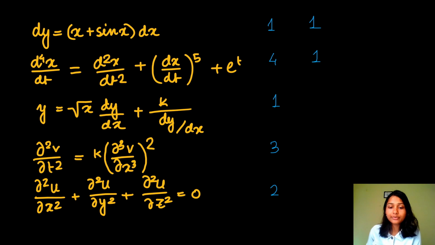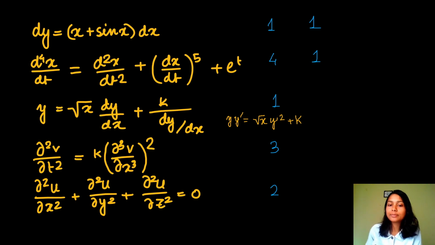How can we do that? We can do it by multiplying this term here. So it can be expressed like this: y into, writing dy dx as y dash, equals root of x y dash square plus k.